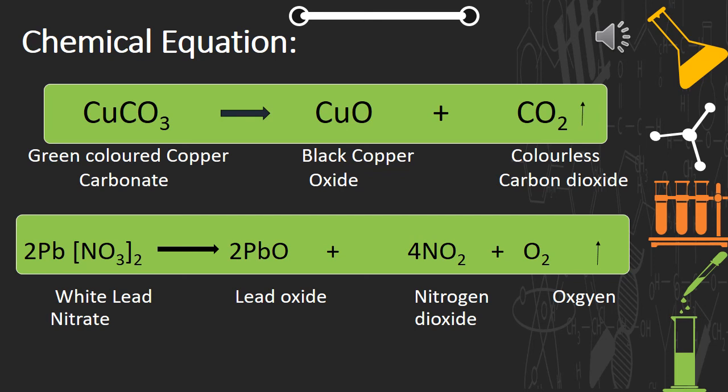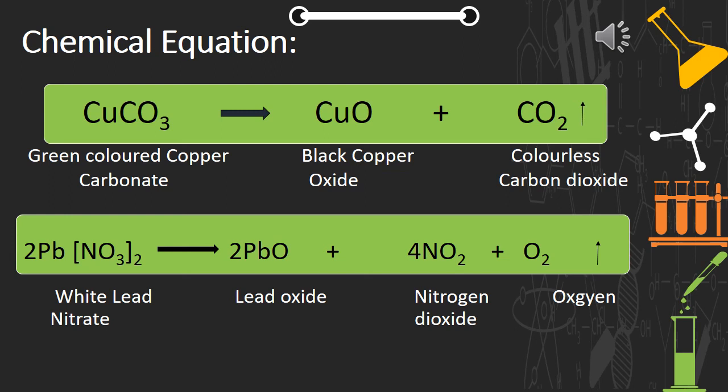So when lead nitrate is heated, a new substance, lead oxide, is formed. Again, lead oxide is PbO. So Pb is lead, O is oxygen, that is oxide. So lead oxide, which is yellow in color, along with the liberation of reddish brown nitrogen dioxide gas. Again, nitrogen dioxide, NO2.